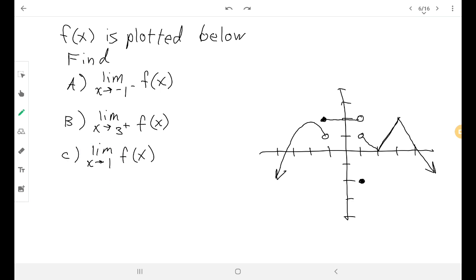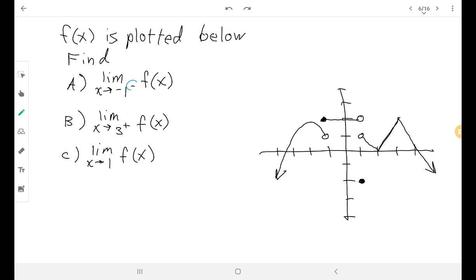So let me tell you what's going on here first. This is the limit value as we approach that x value from the left. That is, as you start on the negative side and move towards the value.